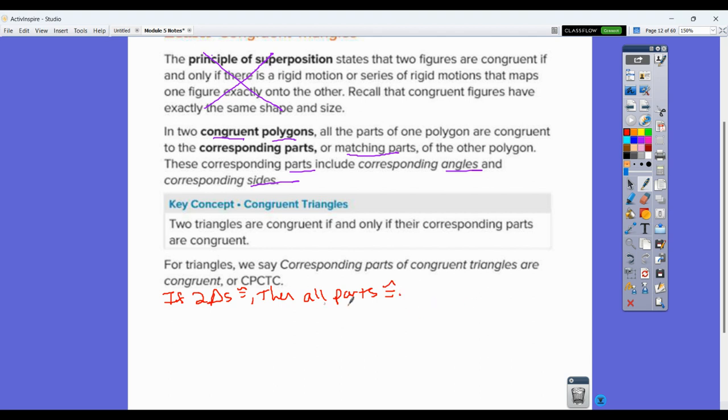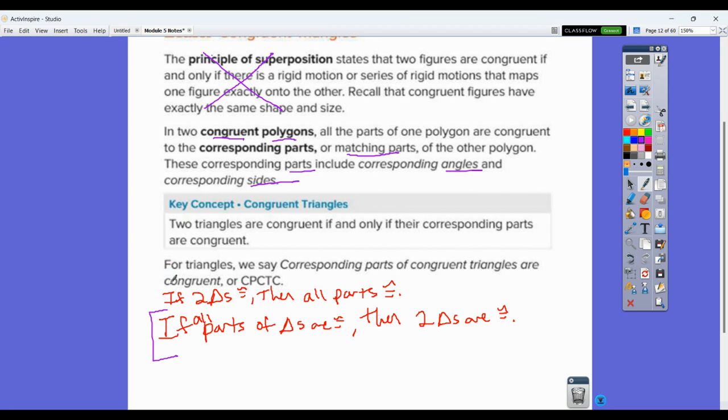But we also know that in the other order, and I should be really clear here, if all parts of triangles are congruent, then the two triangles are congruent. So we're going to start with this piece right here. If we know all parts of triangles are congruent, then we can say the two triangles are congruent. Now, very quickly, we're going to narrow that down to less stuff that we have to say, but that's where we're going to start.